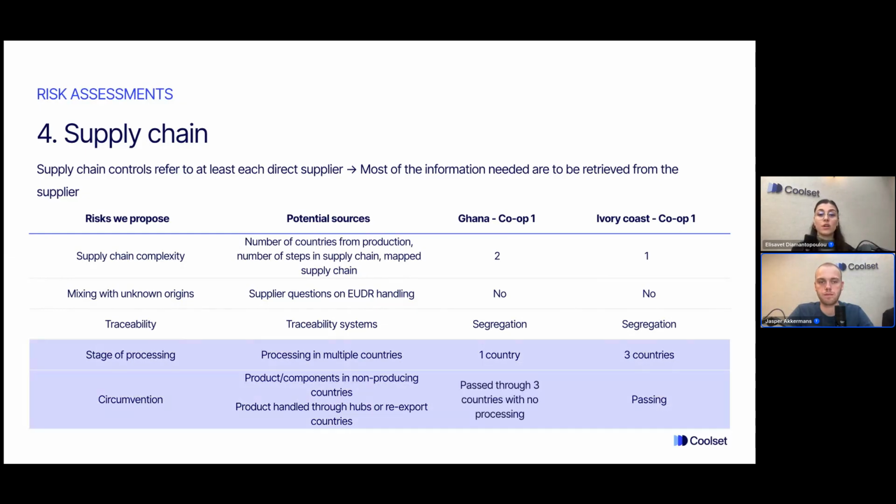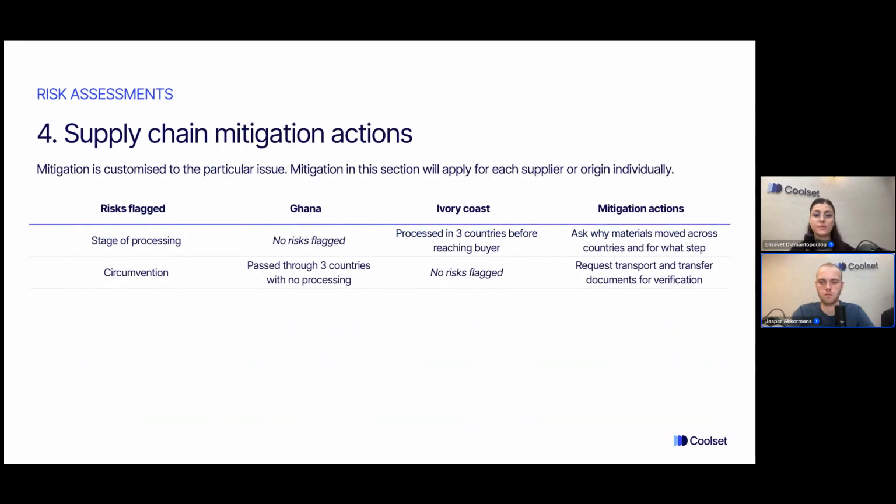So now we're going to cross-check what mitigation looks like for the last two examples. For the first one, the Ivory Coast plot, it seems that they process materials in 3 countries before they arrive at Choco Wonders in the Netherlands. This should concern you a bit, so asking the suppliers why the materials moved across these countries and for which step of the processing, and understanding more, can help you see if there is any risk or not in reality.